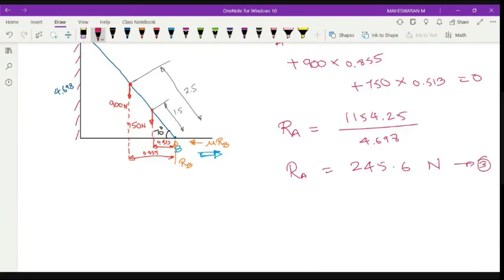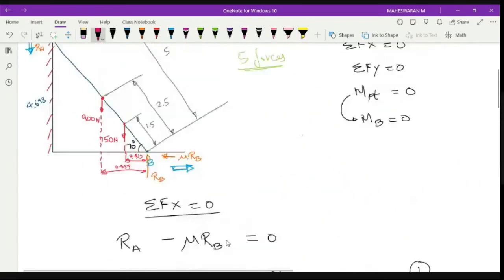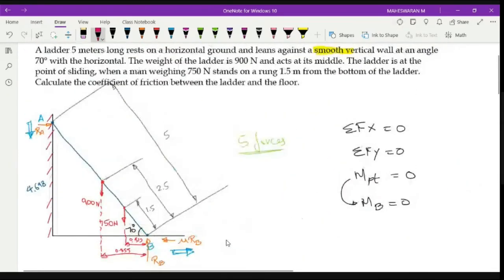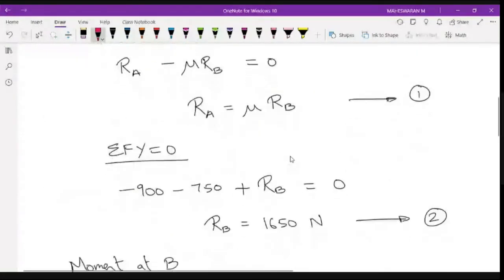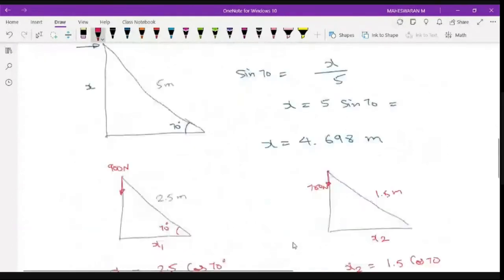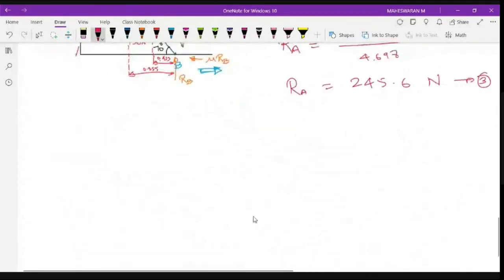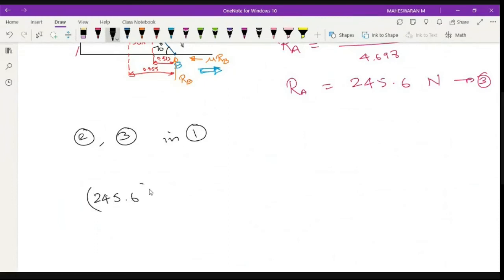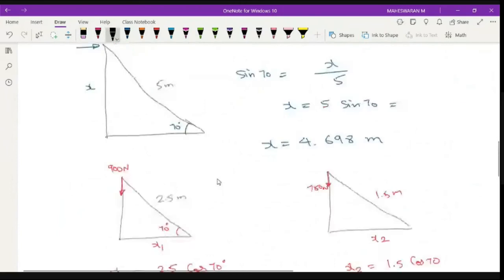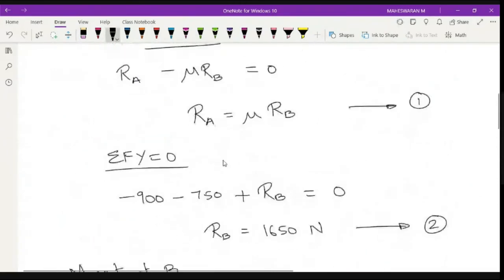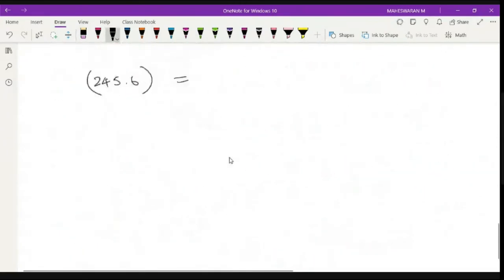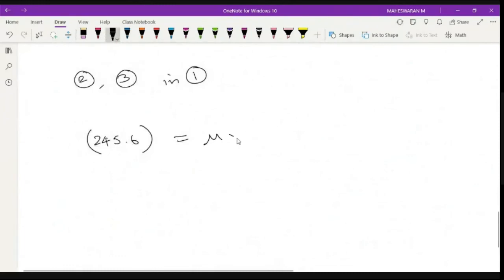The only thing my question asks is to identify the value of mu, the coefficient of friction. So I can equate it. I know what RB is and what RA is. Substitute 2 and 3 in equation 1. What will we get? 245.6, so RA, is equal to mu into RB.